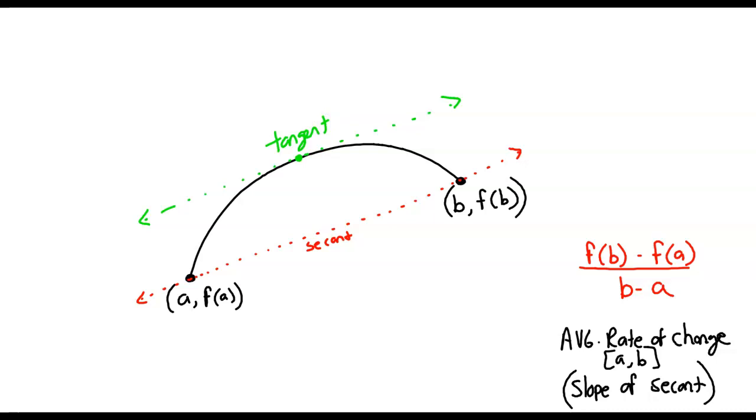Now, what does the slope of a tangent line tell us? You guys remember what a slope of a tangent line tells us? The slope of a secant line tells us the average rate of change. The slope of a tangent line tells us the instantaneous rate of change.